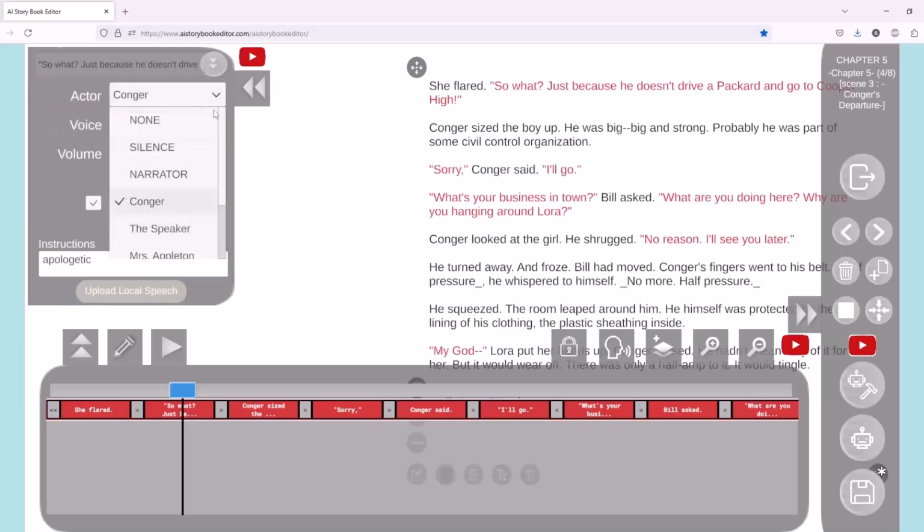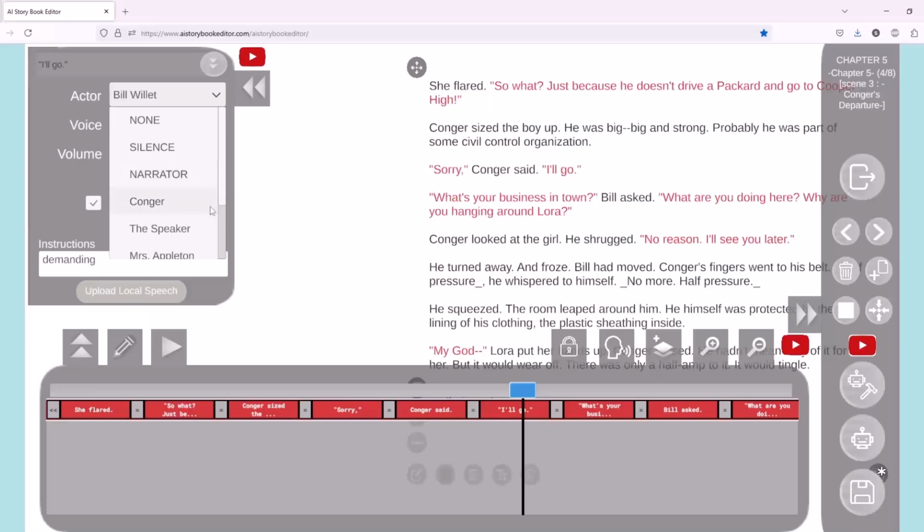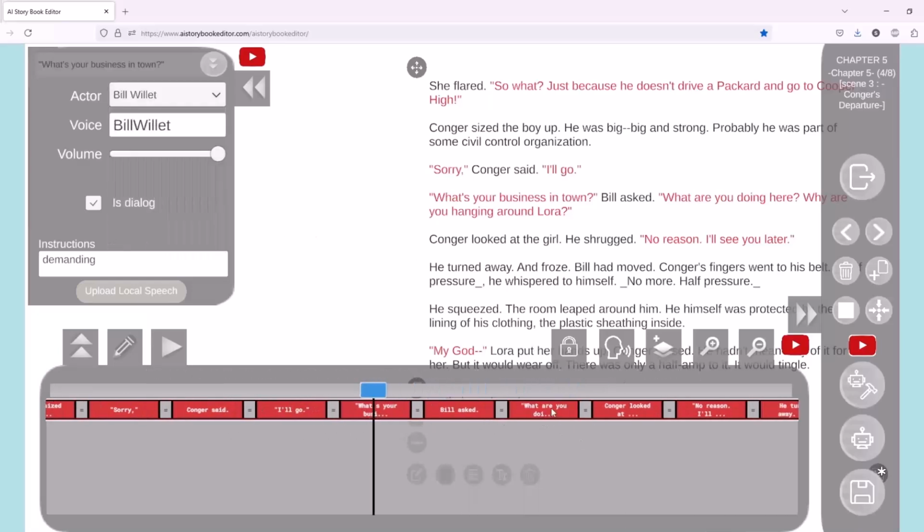Laura, Conger and Conger. This is Bill and Bill.